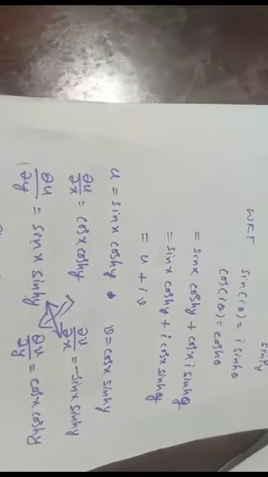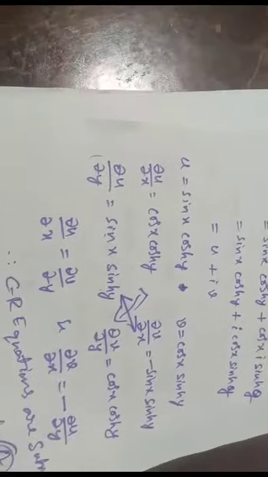Next we will go to finding the derivative of the given analytic function. Here we know that f of z is u plus iv. Differentiate with respect to x.